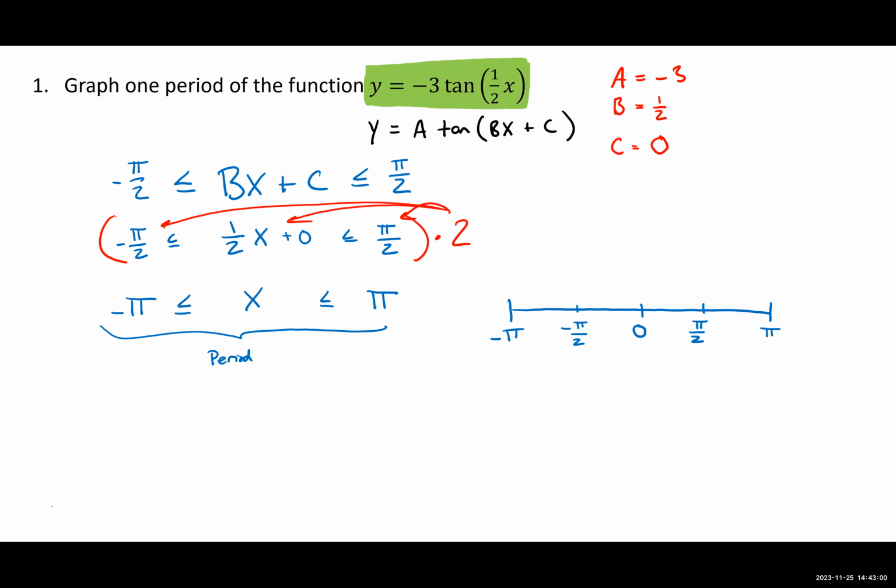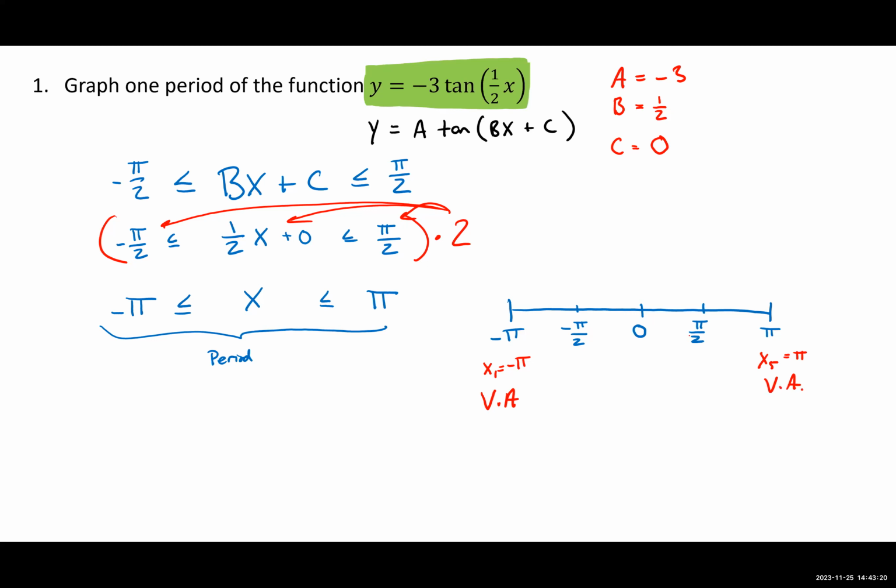Right, so those are those 5 values, x1, x2, x3, x4, and x5. So if x1 is negative pi, that is a vertical asymptote. If x5 is positive pi, that is a vertical asymptote.